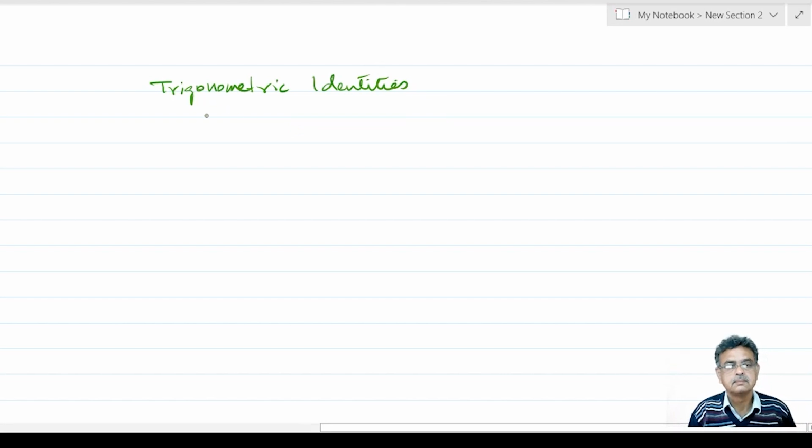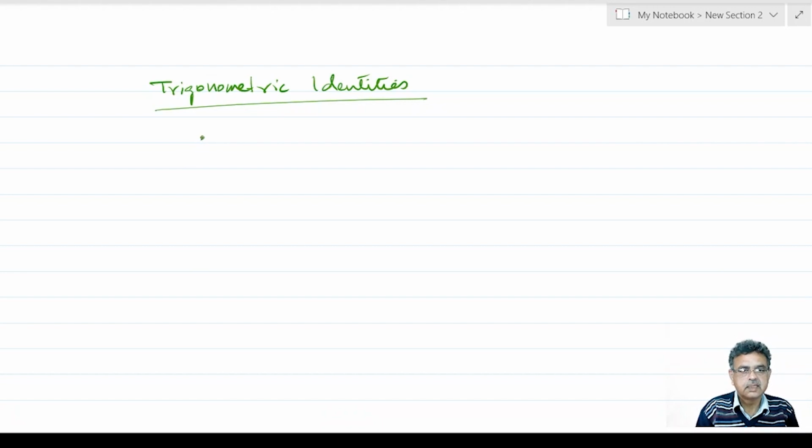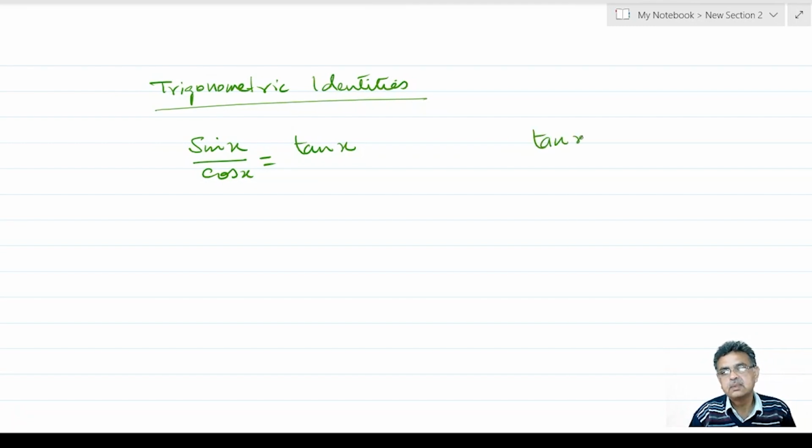So this is one of them, by the way, we have already discussed in the initial lessons, trigonometric identities. One of the identities was sin x over cos x is equal to tangent x. By the way, we have already done that, but once again, how is it equal to that?